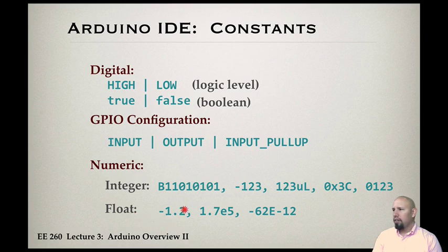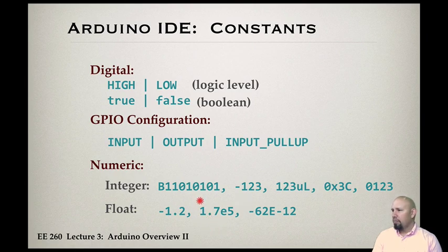Float, you can define a floating point, so minus 1.2. You need to have a decimal point in order for a float to be defined. If you don't put in a decimal point, so for example, if you have the number 12, you have to put in 12. or 12.0, because if you don't put in that decimal point, it's going to assume that it's an integer, and it's going to treat it like an integer.